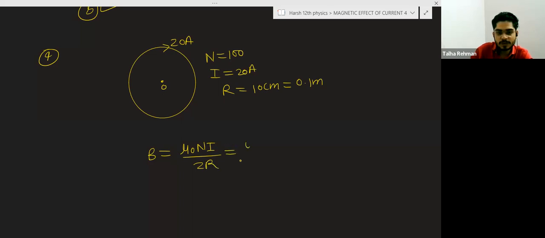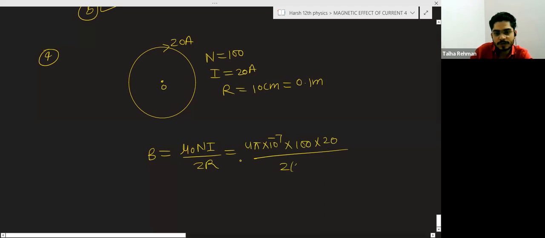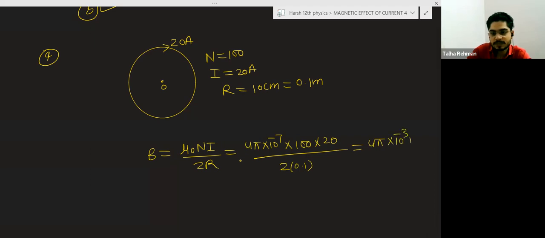Mu naught is 4 pi into 10 to the power minus 7. N is 100. Current is 20 ampere divided by 2 into 0.1. When you calculate this, you will get the answer 4 pi into 10 to the power minus 3 Tesla. Simple.